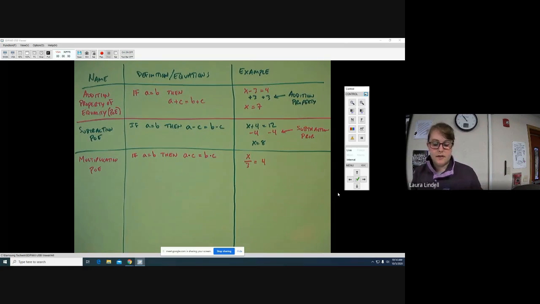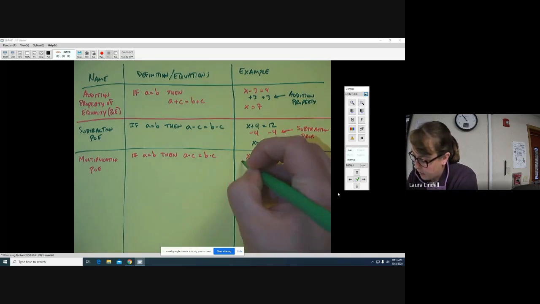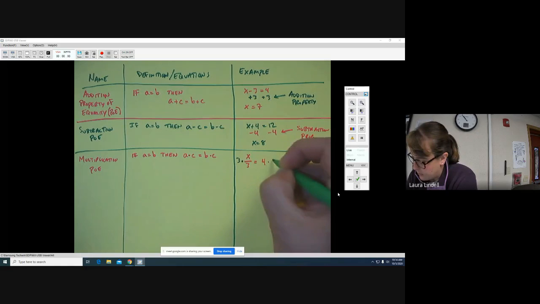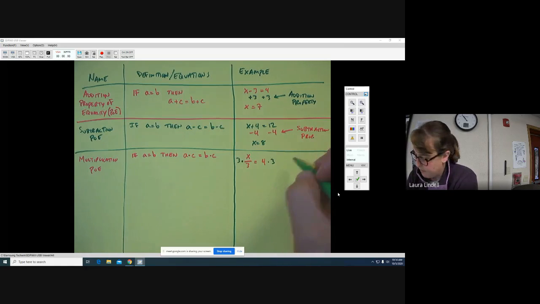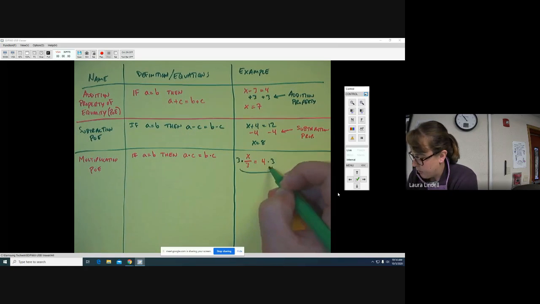Well, to solve this, I would need to multiply by 3 on both sides. So I would go times 3, times 3. That multiplying by 3 is the multiplication property.